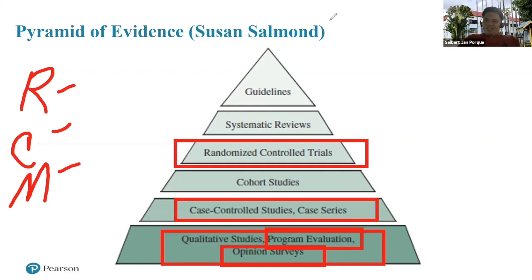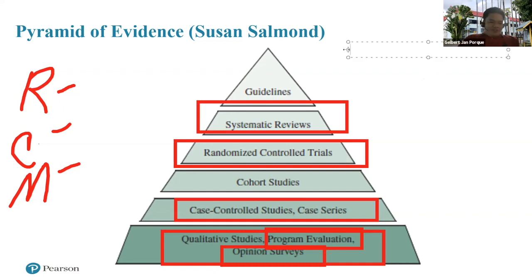Class, for systematic reviews, there are 2 main kinds. Write in your notes that the 2 kinds are meta-synthesis and meta-analysis.